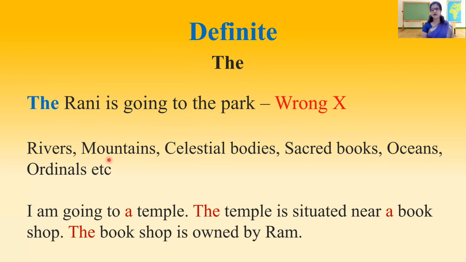The Himalaya, the Pacific Oceans, celestial bodies. What are celestial bodies? The solar system, the star, the moon, the sun. Sacred books, the must be used in front of the names of the sacred books. The Ramayana, the Mahabharata, the Bible, the Quran.